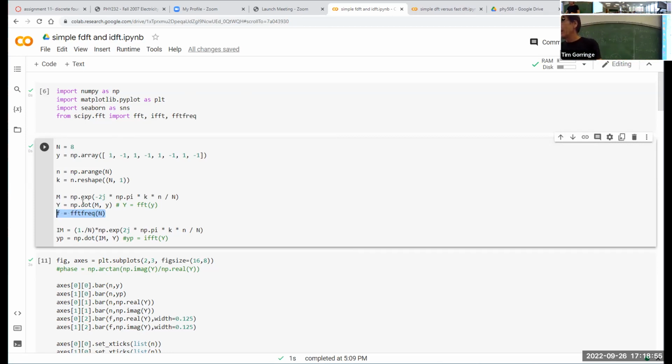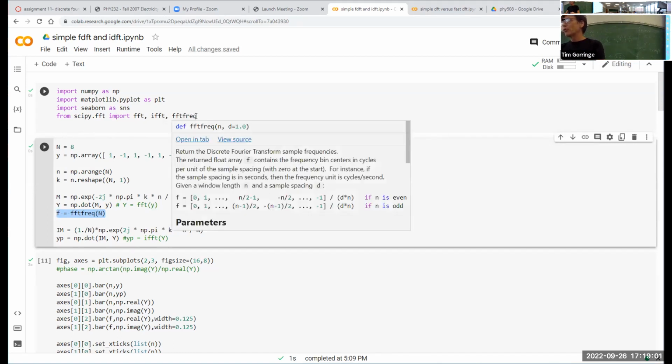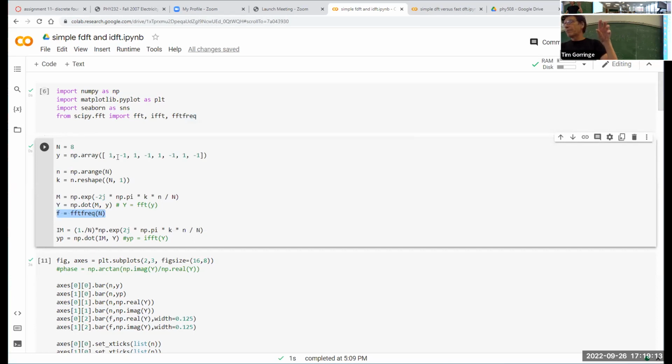So here, I had imported the Fourier transform, the inverse Fourier transform, but also this function that converts this index, which is a little hard to interpret, into frequencies in the units of cycles per sample.